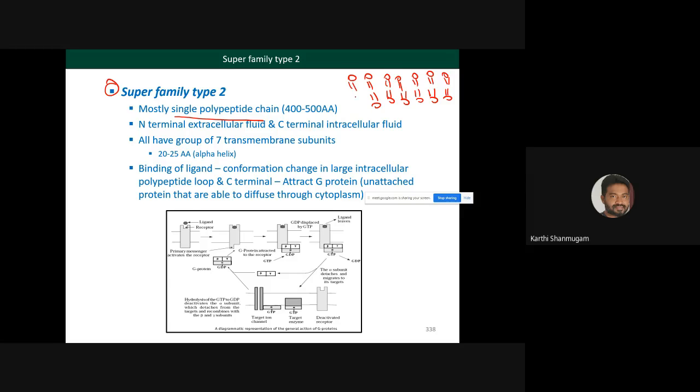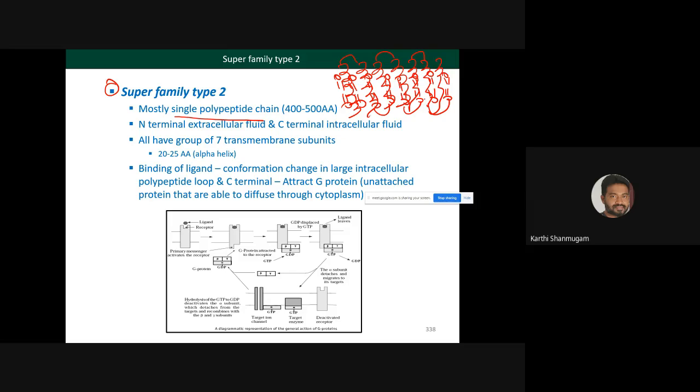Normally, the architecture of superfamily type 2 is 7 transmembrane helices, say 1, 2, 3, 4, 5, 6 and 7. All the transmembrane helices are joined through loops.